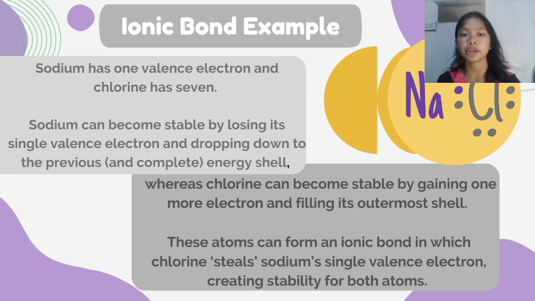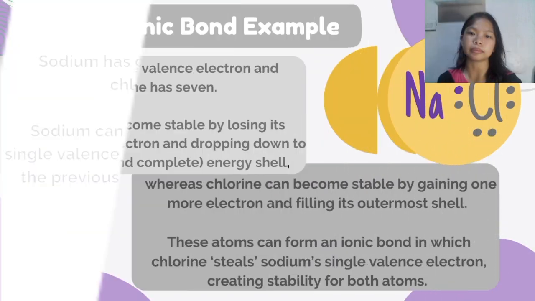Whereas chlorine can become stable by gaining 1 more electron and filling its outermost shell. These atoms can form an ionic bond in which chlorine steals sodium's single valence electron, creating stability for both atoms. So here we can see that these two elements are somewhat assisting each other in order to create balance, or what is called the octet rule.